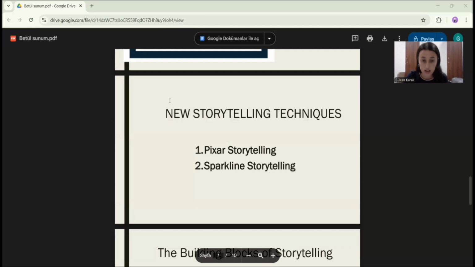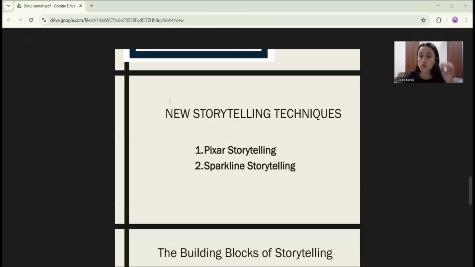And then, when we look at all these techniques, I can say that the three-act structure is the most useful and most popular one, I think, because we can use it, as I said before, almost everywhere: in our movies, books, novels, and plays.